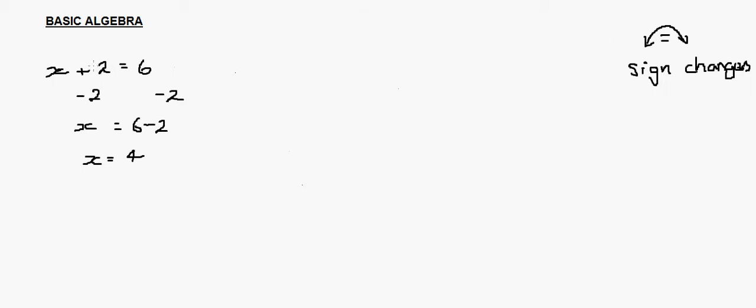So if I move this 2 over to here, instead of plus 2, it becomes minus 2, which you can see here. So it means that we don't have to do this fiddling round here.